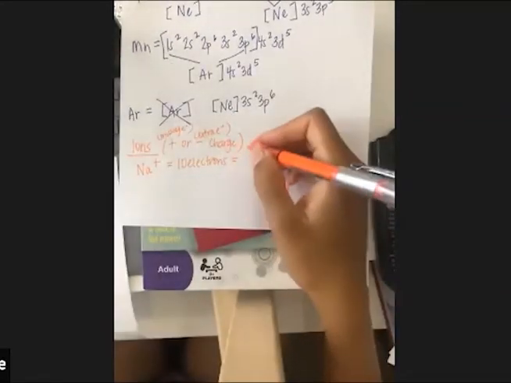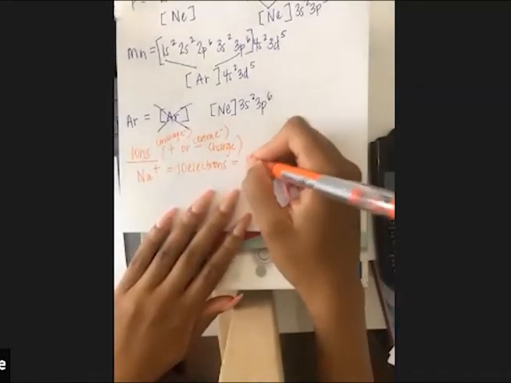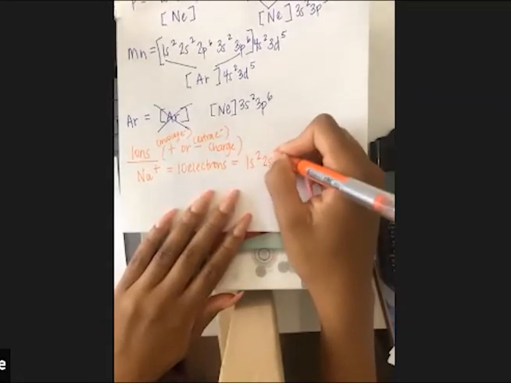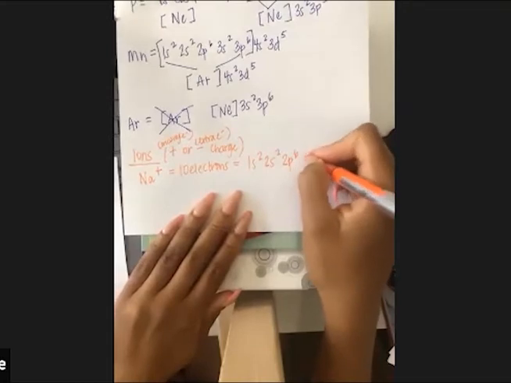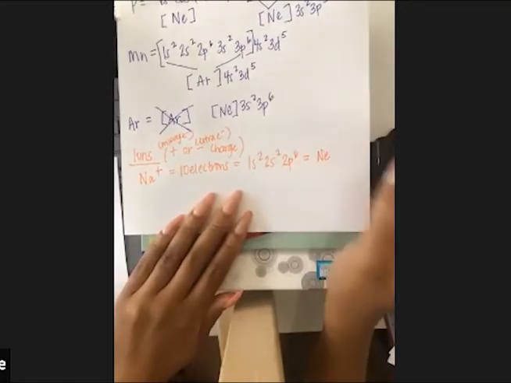So the electron configuration for a sodium ion is 1s2, 2s2, 2p6, which is the same electron configuration as neon.